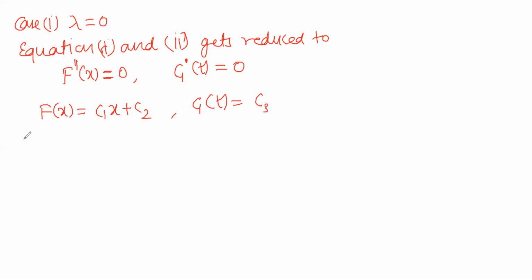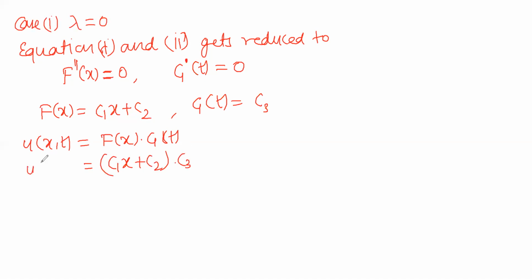So that means I got a solution. u of x, t will be equal to f of x into g of t, which is what we expected. So I'm getting c1 x plus c2 times c3. This is one of the solutions. Later we will discard this. Don't worry.